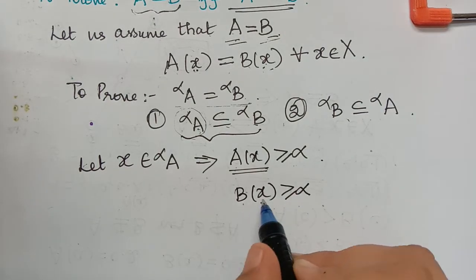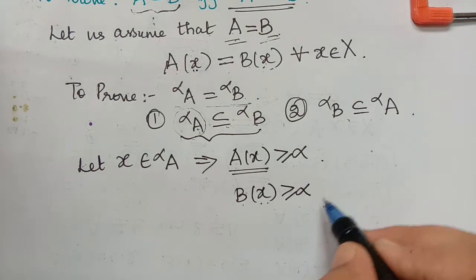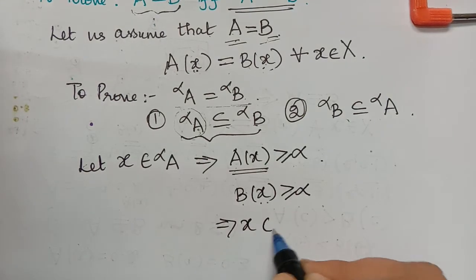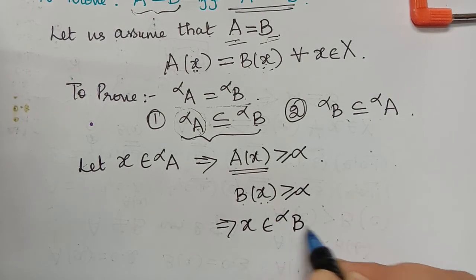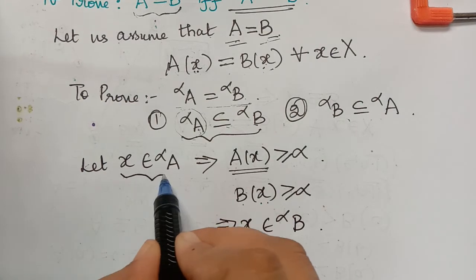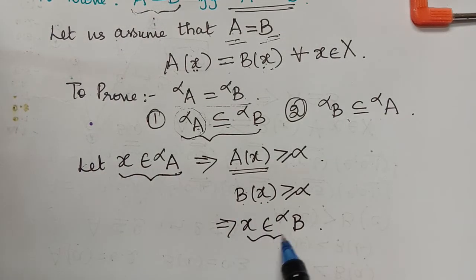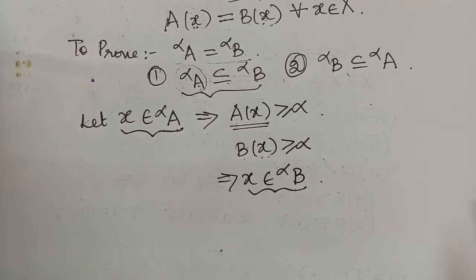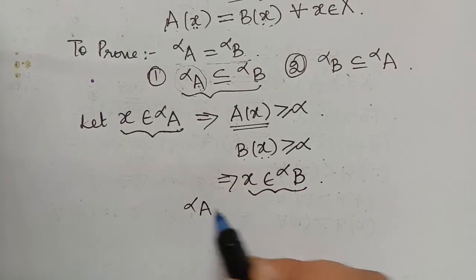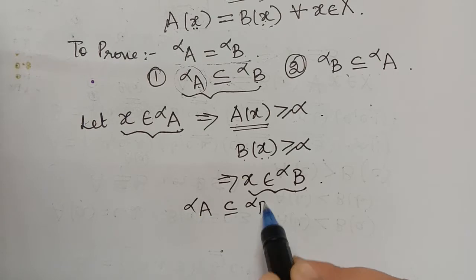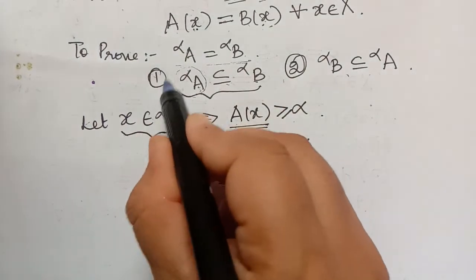But if B of X is greater than or equal to alpha, it implies that X is an element of alpha cut of the set B. So we started with an element of alpha cut of A and proved that X also belongs to alpha cut of B. So this proves that alpha cut of A is a subset of alpha cut of B. We have proved the first one.